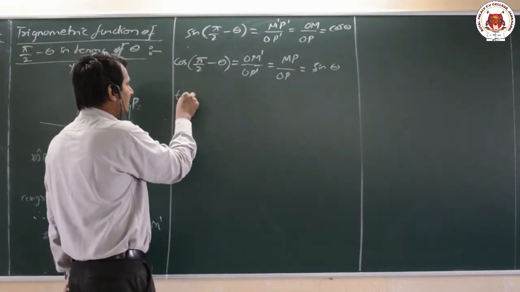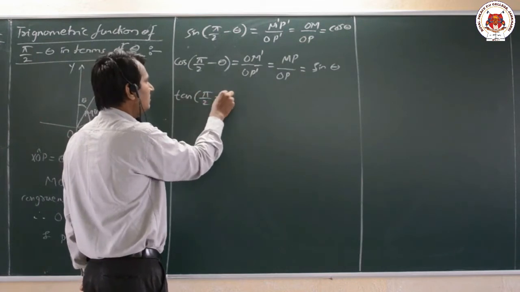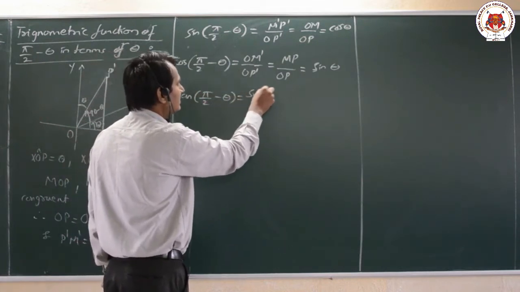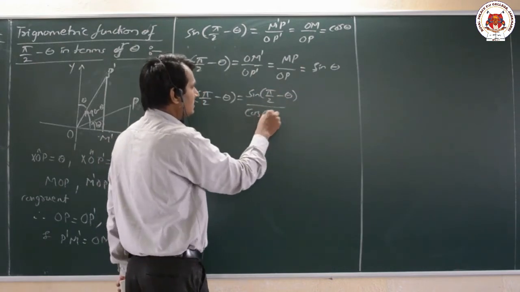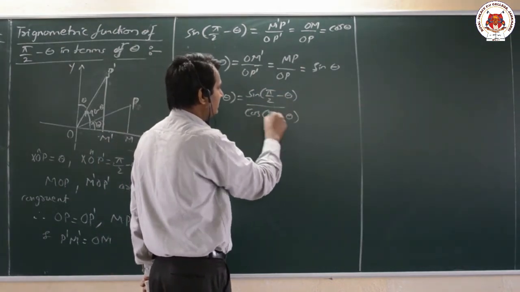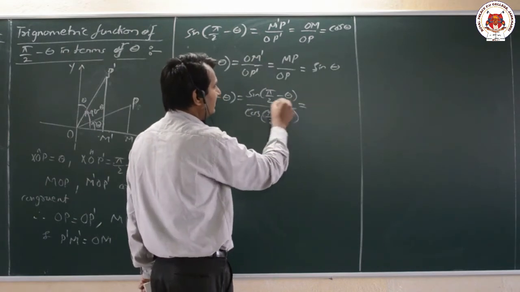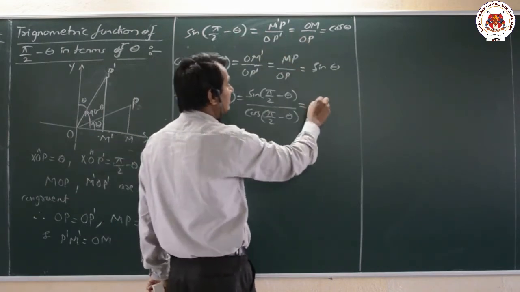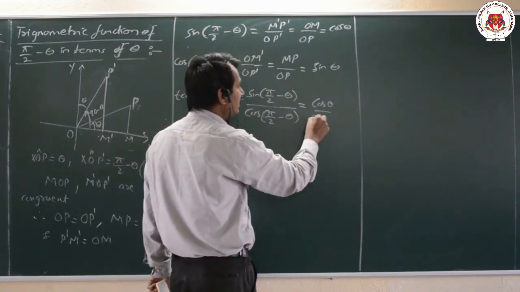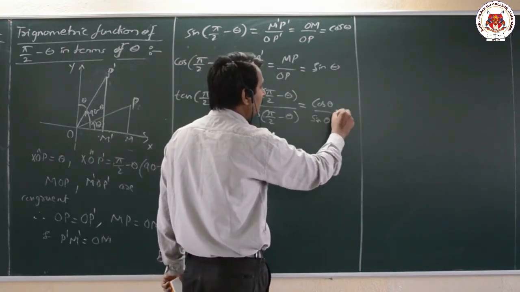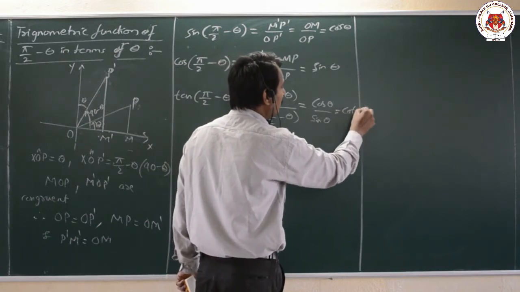Now easily I can write tan of pi by 2 minus theta as sine of pi by 2 minus theta divided by cos of pi by 2 minus theta. Sine of pi by 2 minus theta is cos theta, and cos of pi by 2 minus theta is sin theta. Ultimately cos by sin is cot theta.